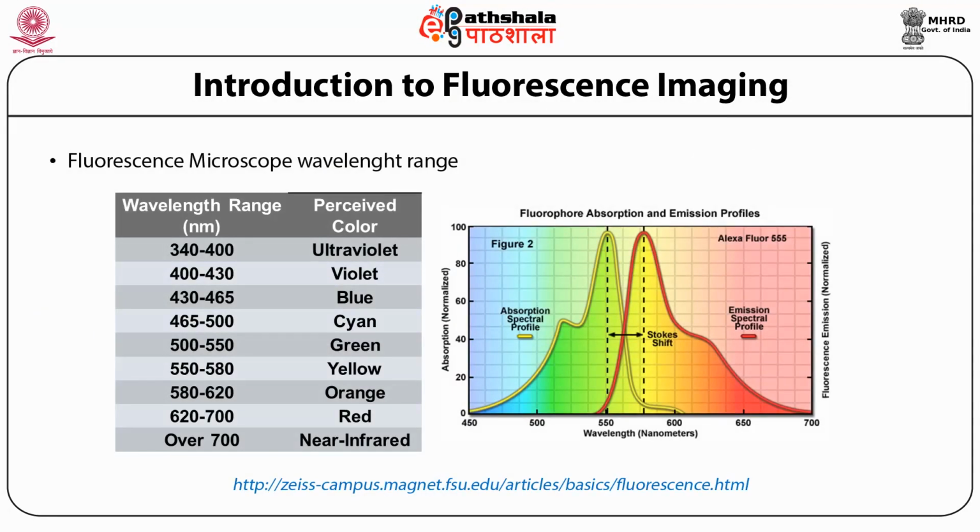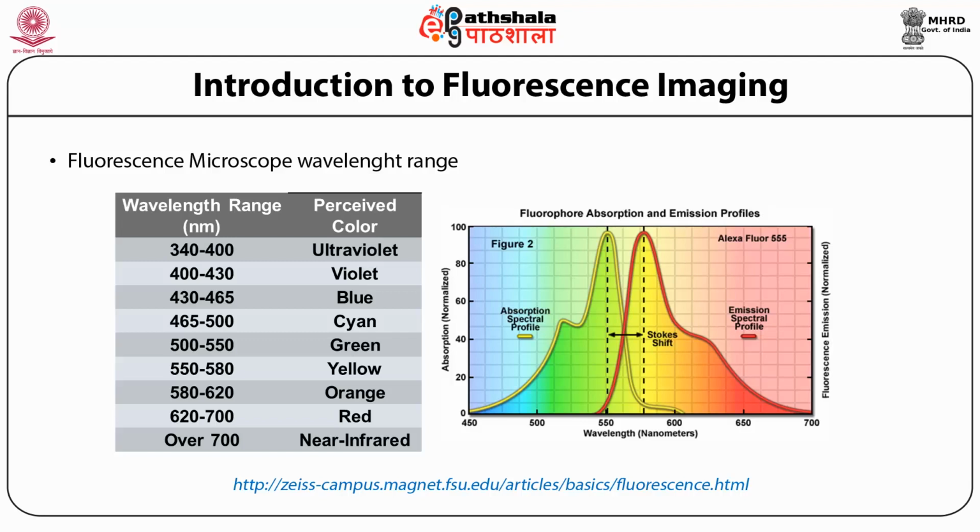So in fluorescent microscopy, as I said, a fluorescent molecule is used which has a luminescence property, and then we get different colors or different spectra from these fluorophores, and depending upon the wavelength range we are looking at, we perceive light in different colors. For example, the wavelength range from 340 to 400 nanometer is called the ultraviolet UV region.